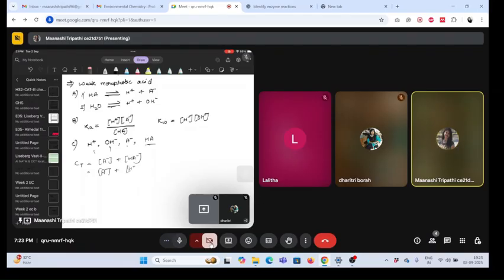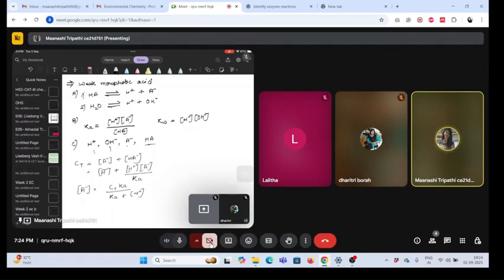H plus A negative, Ka. If we separate A negative, it will be Ct Ka over Ka plus H plus, and we have to plot in terms of log.